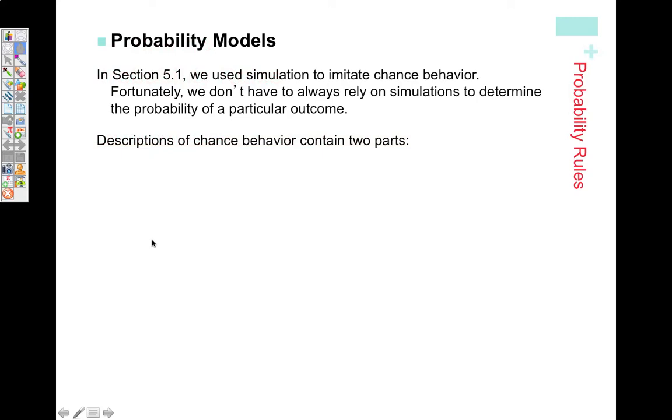So in the previous section, we used simulations. We designed simulations and we used them to find probabilities. But that's kind of a pain. That's kind of time consuming. We don't have time to do that all the time. So we can use other things to help us find probabilities of a particular outcome.